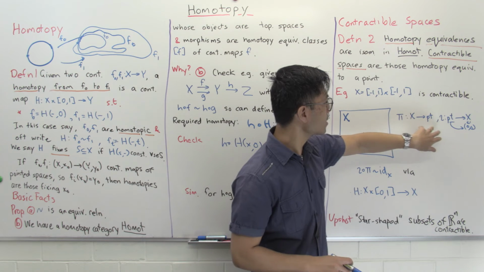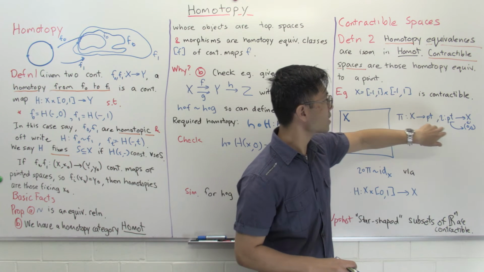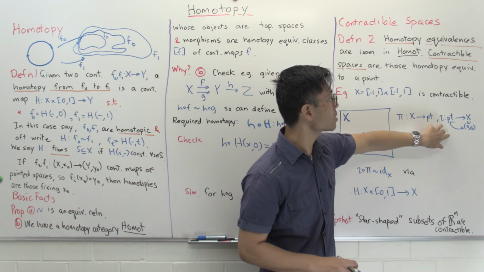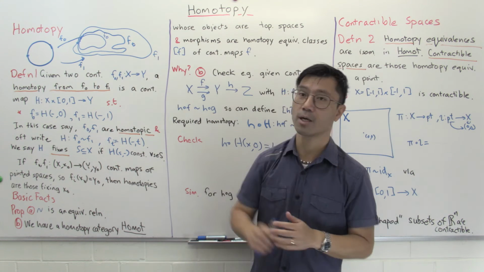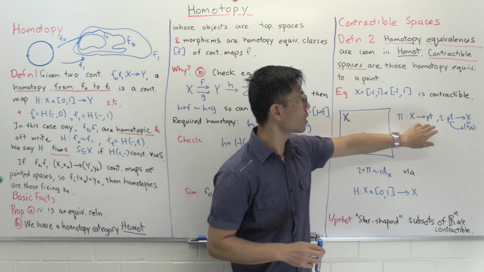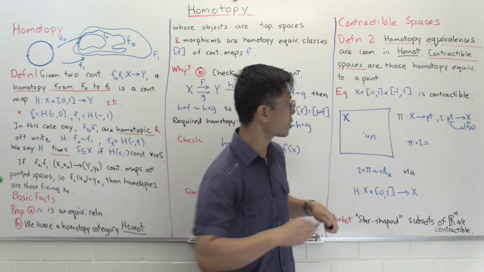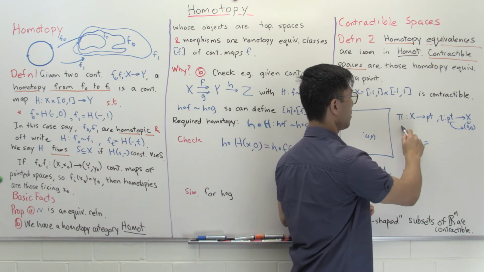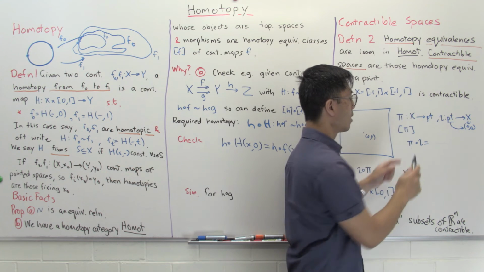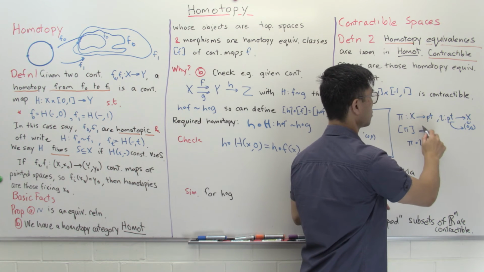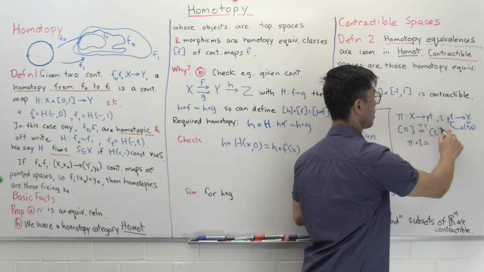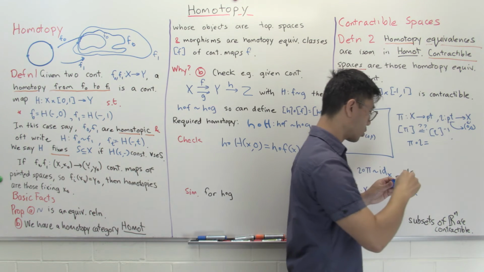So these are continuous maps, so they're inside the topological category, and I claim that they will give you inverses inside the homotopy category. So we want to basically say that the class of pi is equal to the inverse of the class of iota. That's what you want to check.